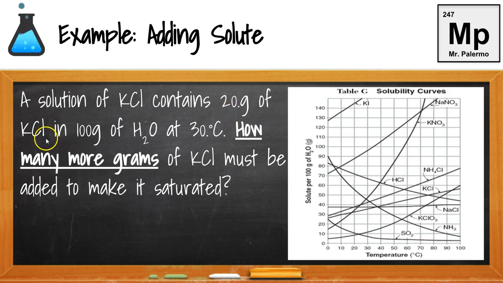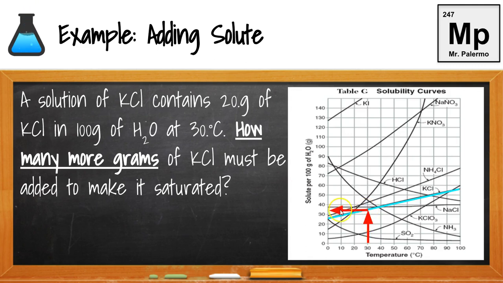So let's find our solubility line, KCl, and that's going to be right here. And so we're initially starting out with, at 30 Celsius, 20 grams initially. So we're right here, and again, we're well under the line, so we are unsaturated. We want to figure out how much more can I add to that 20 to make it saturated, which is at the line here, and we go across.